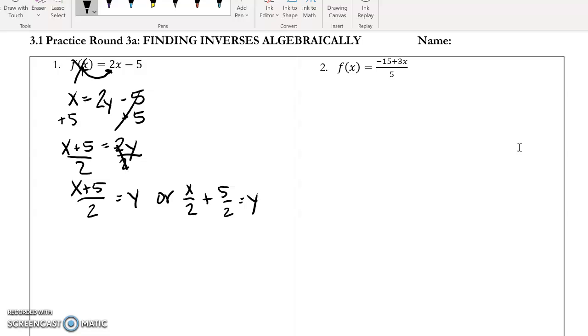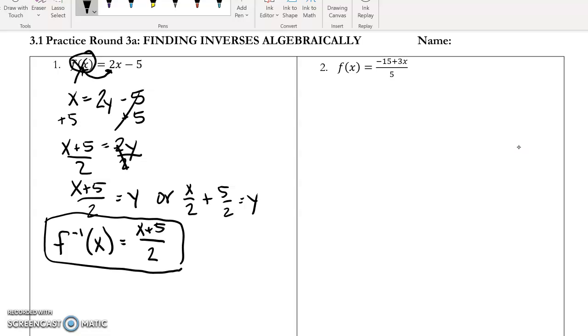What I do care about, though, is since we started in function notation, we want to end in function notation. So since this is the inverse, I'm going to write f inverse of x equals x plus 5 over 2. And that's what we're going to do for each of these problems. We're going to switch the x and the y and solve for y.